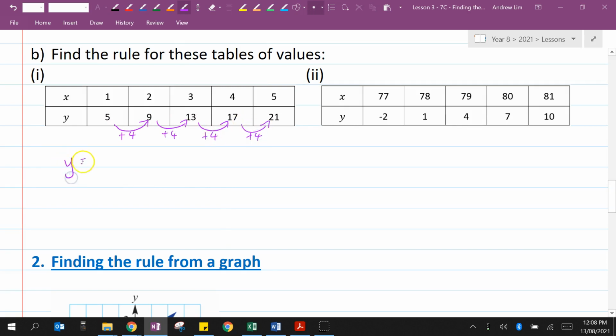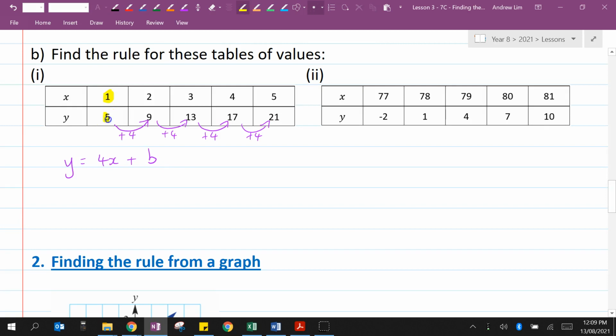So we have y equals 4x plus something. But we can't see any zeros over here. So what we're going to do is substitute. I'm going to write a letter for this something that we need to work out. I'm going to use b. And I'm going to take any of these points.